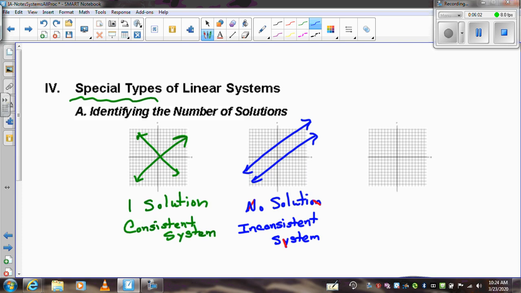Okay, and the last thing that could happen is you could graph both lines and they could sit right on top of each other. And this would mean we would have infinite solutions. And we call that a dependent system.